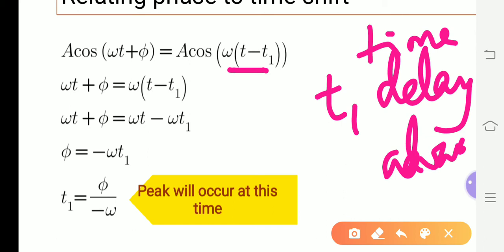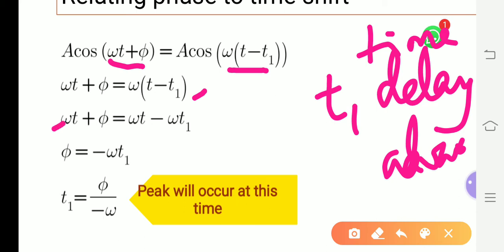Here we take the bracket term ωt + φ and express it as equal to ω(t − t1). After we expand this part, we get ωt − ωt1.